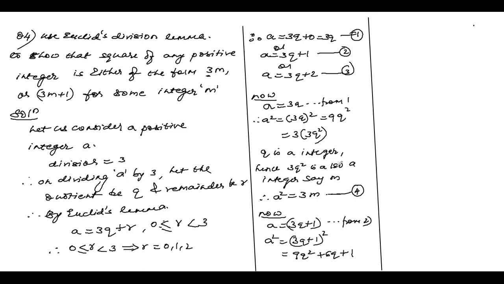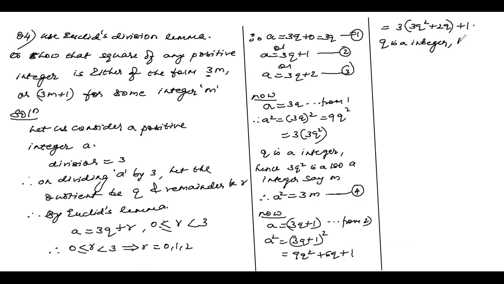Now look at this, children. Can I see 3 is common? In the first two, 3 is common. So can I write it as 3Q square plus 2Q plus 1? Now here, again, Q is an integer.